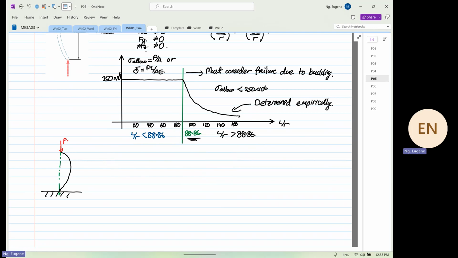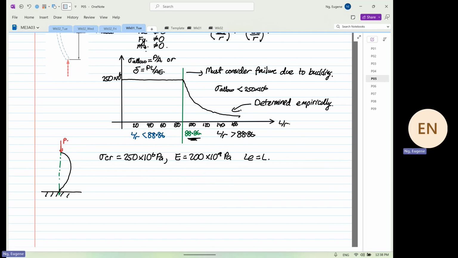But what we have calculated is based on the critical stress, which is equal to 250 times 10 to the power 6 Pascal, and our Young's modulus is equal to 200 times 10 to the power 9 Pascal. And I think our LE over here is equal to L. That's why we get 88.6.